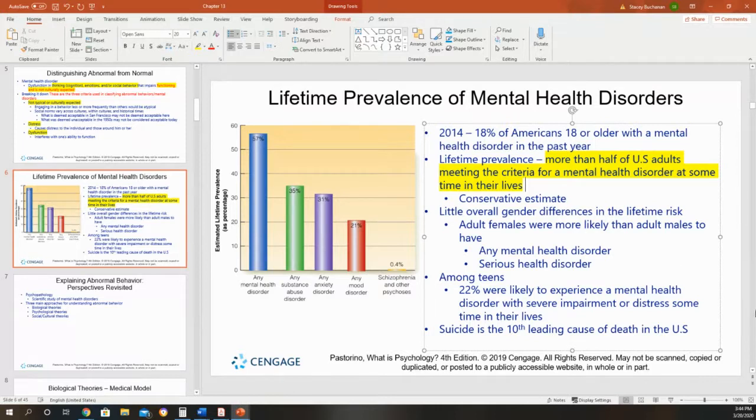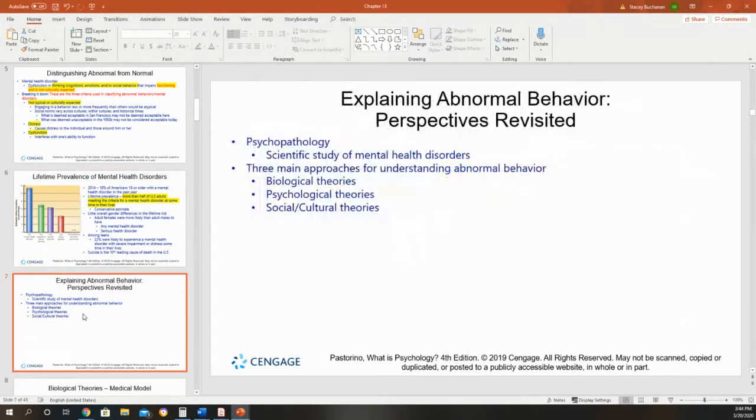So let's go into the theories to explain abnormal behavior. So first and foremost, psychopathology is actually the study of mental health disorders. So it's just an offshoot of psychology. So psychiatrists and psychologists, if they are working with people with mental health disorders, have a background in psychopathology.